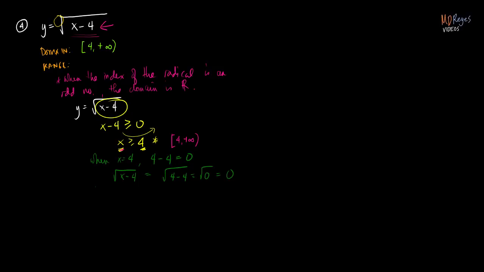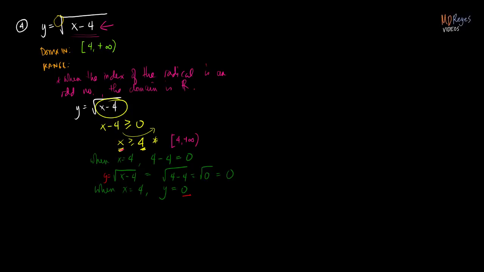So when x is equal to 4, y is equal to 0, because y is equal to the square root of x minus 4. The lowest possible value for x is 4. Therefore, the lowest possible value for y is 0. Because this is a square root, y is always a positive number, but it can also be equal to 0.